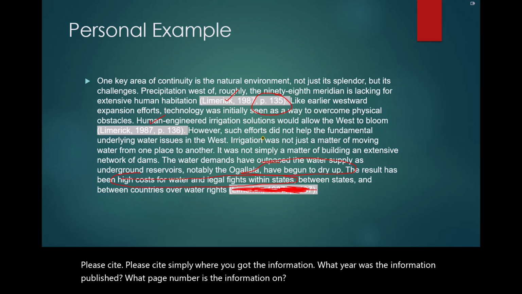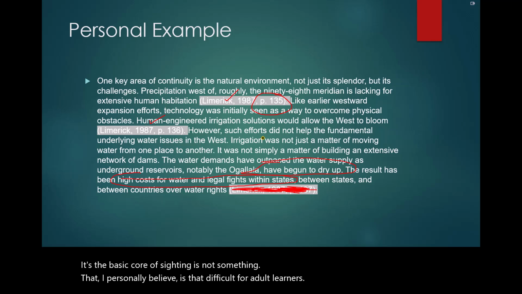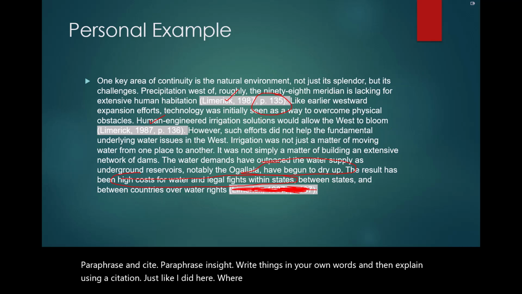It's the basic core of citing, which I personally believe is not that difficult for adult learners. Paraphrase and cite. Write things in your own words and then explain using a citation, just like I did here, where you found that information.